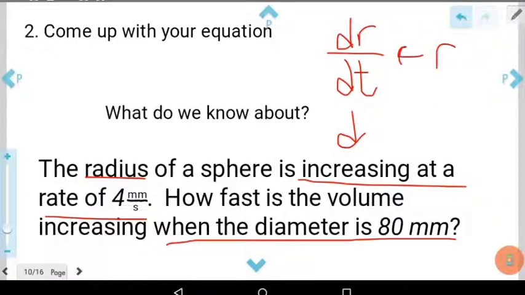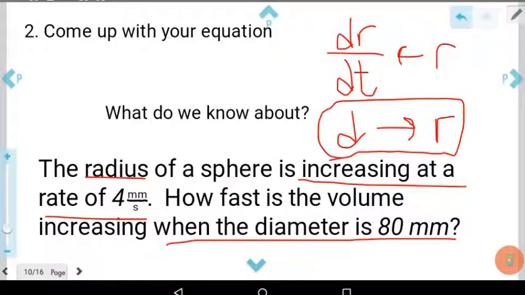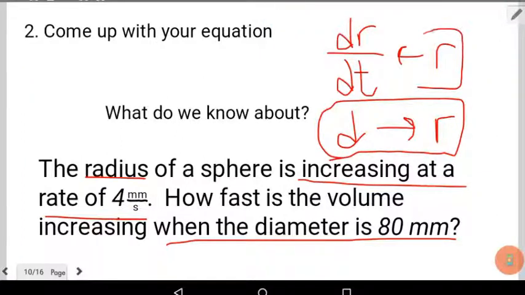So if we know about the diameter, we can also figure something out about the radius. It's okay to include either of these in our equation, and we know it's okay to include r because we're going to be dealing with dr/dt. So we know everything we need to know about r and its rate of change.